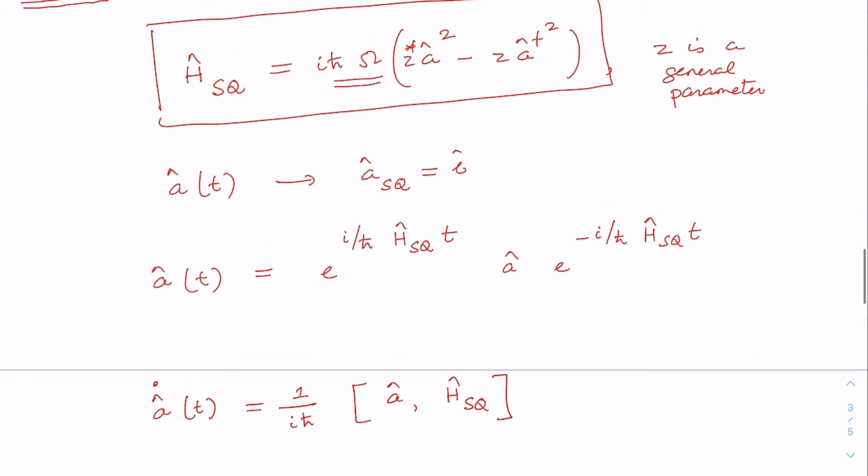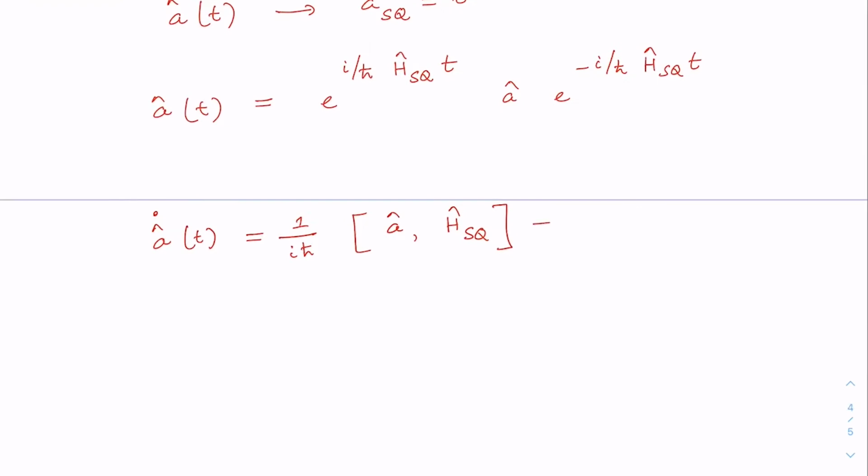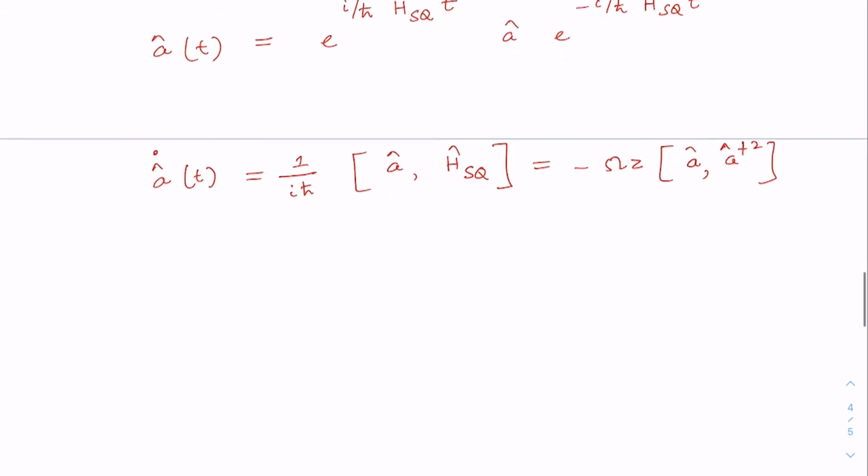If I just use this equation, you can immediately work out this as, let me just write it down, you please verify. You should be able to get minus ω z a dagger squared. This is what you will get, and this you can further simplify.